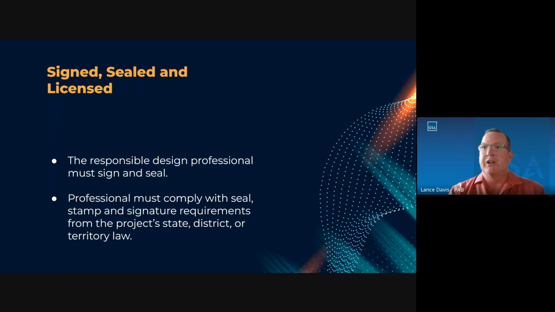And the next bullet here really gets to the state requirements that the professional must comply with the seal, stamp, and signature requirements from the project's state, district, or territory law. So in this particular instance, we're really looking to the states who manage licensing of professionals to designate how a project in that state has to be dealt with.